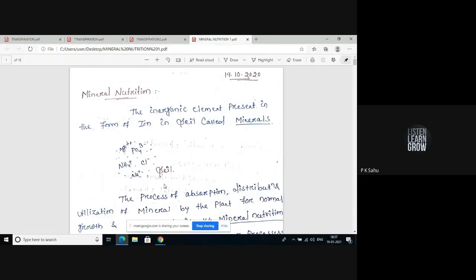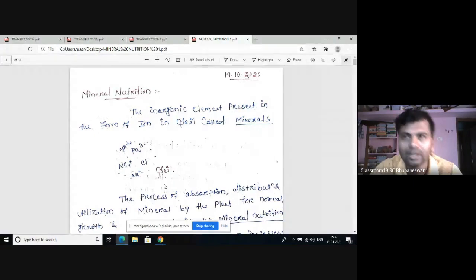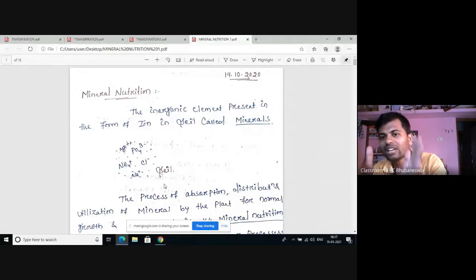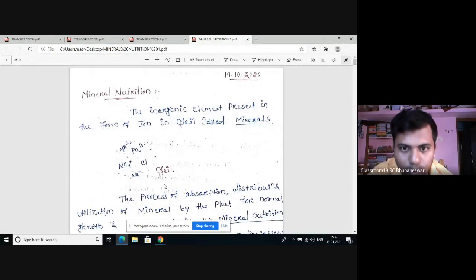No. Actually, in this particular plant, especially in those particular 5 leaves, photosynthesis will be affected, transpiration will be affected, and finally senescence will start. And look, senescence means what? The process of aging.